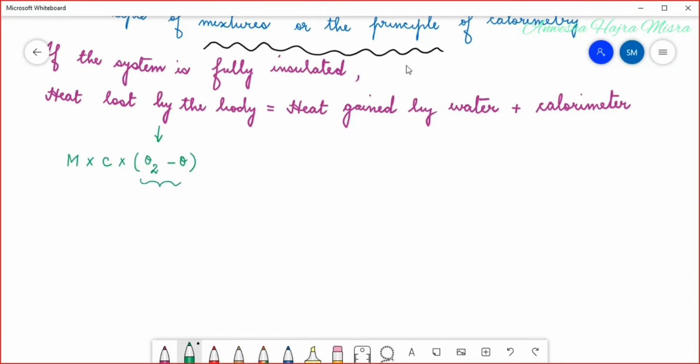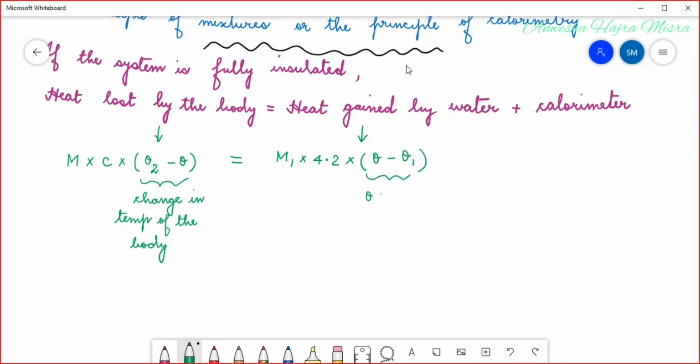So this is the change in temperature of the body. This is equal to heat gained by water. Water had mass m1, specific heat capacity in CGS is 4.2. Water was at theta 1 degree Celsius. Its temperature rises to theta.